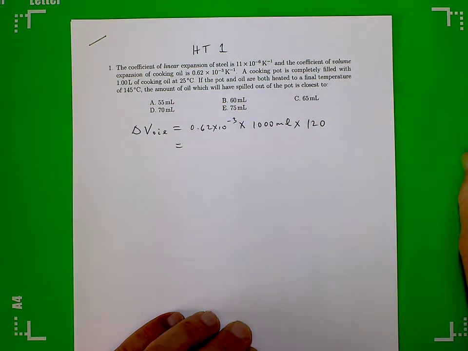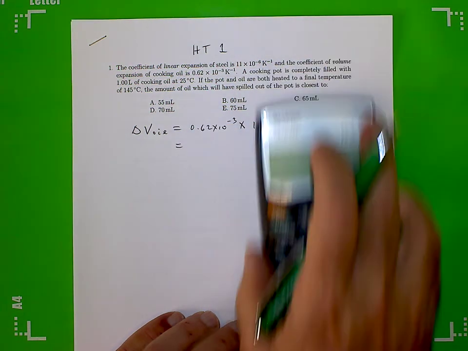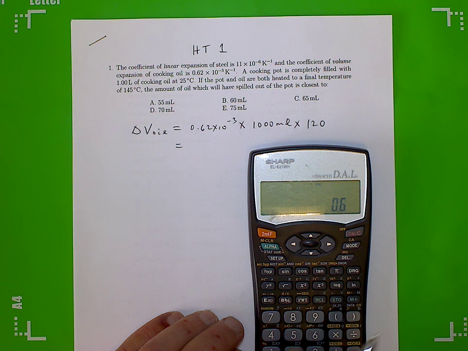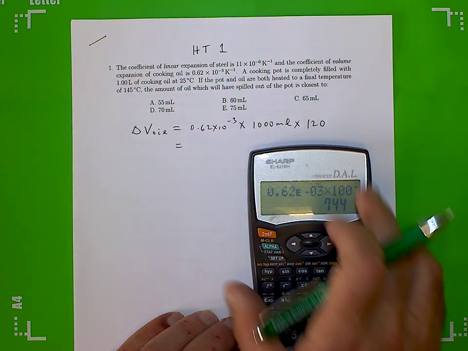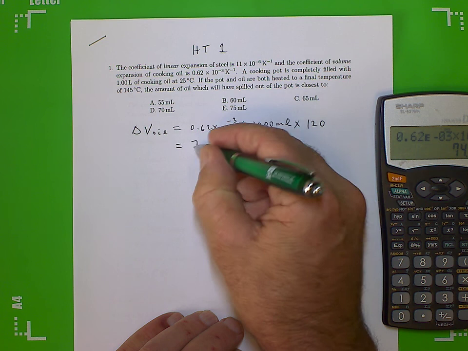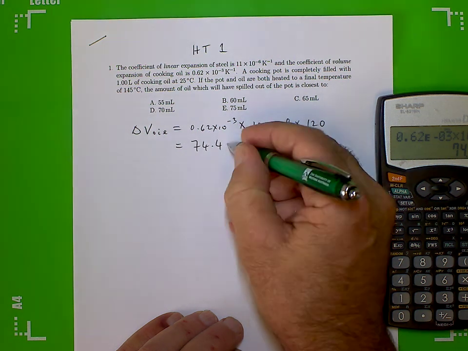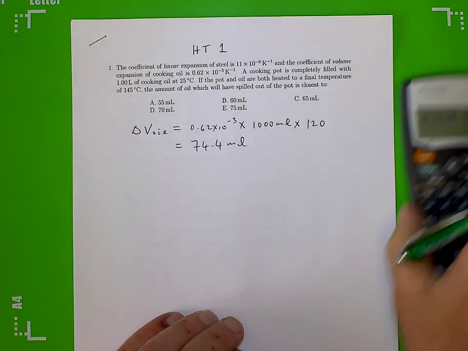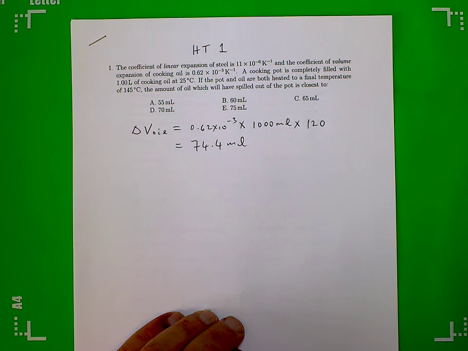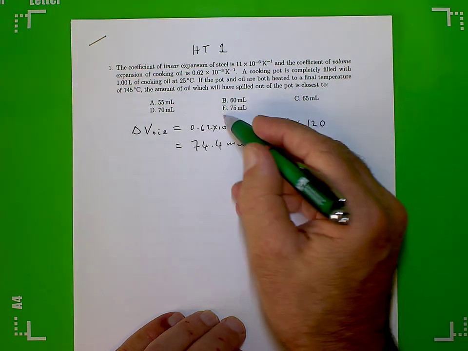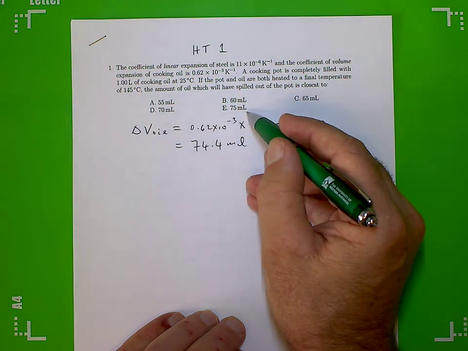So the change in volume of the oil is going to be 0.62 times 10 to the minus 3 times 1000 times 120, and we get 74.4 mils.